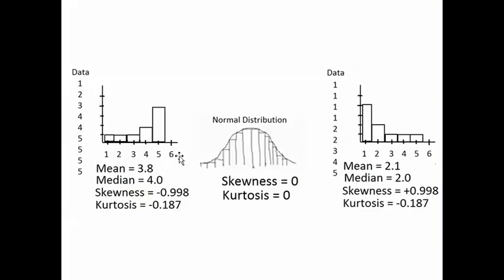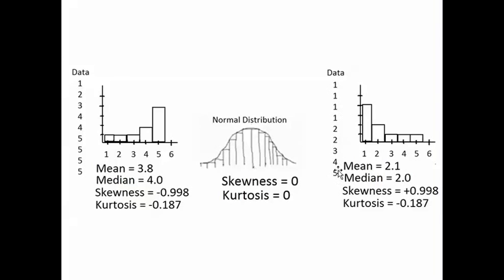Let's look at one example of that. So this column of data right here is skewed to the left. It's negatively skewed because it has a lot of high numbers and not as many lower numbers. So we can see that the median is above the mean, like we talked about.